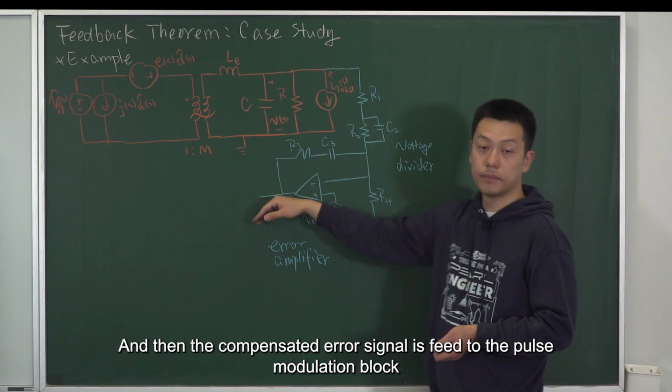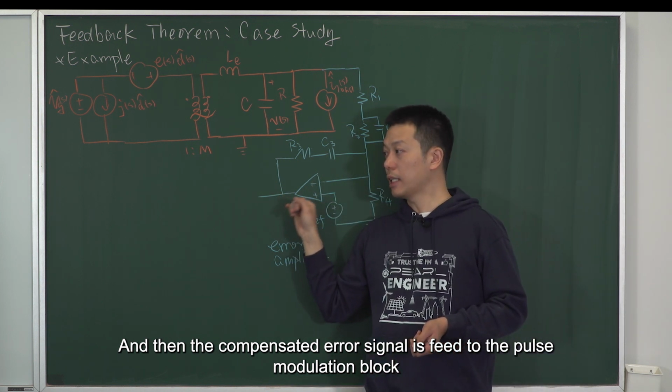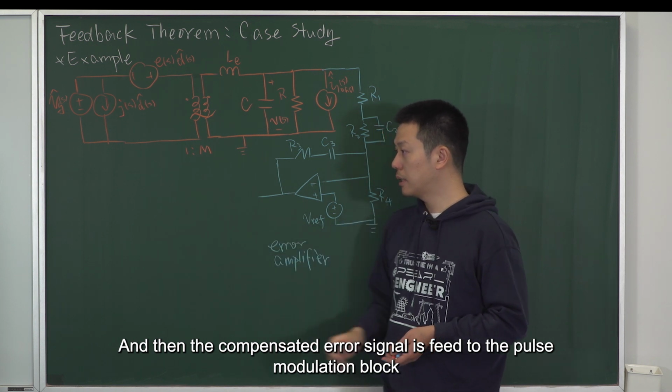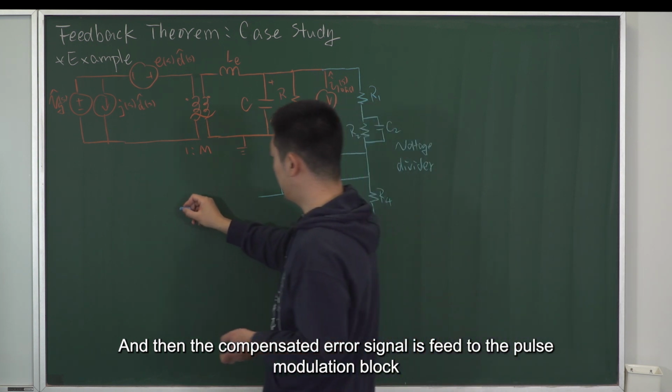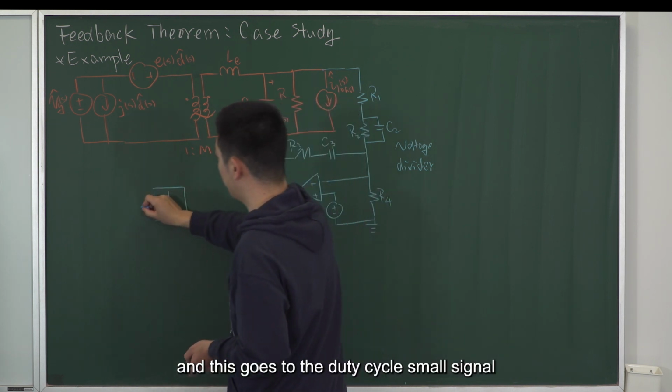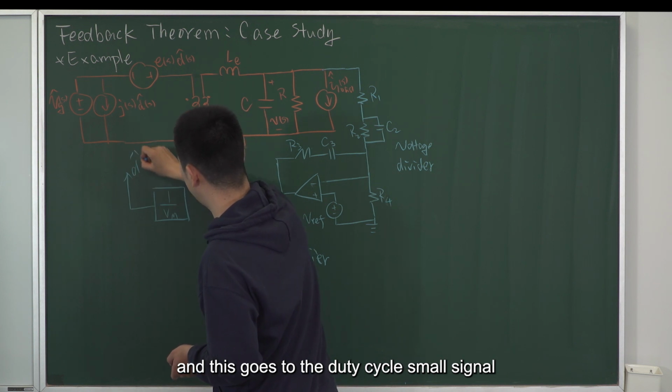And then the compensated error signal is fed to the pulse width modulation block, and this goes to the duty cycle small signal.